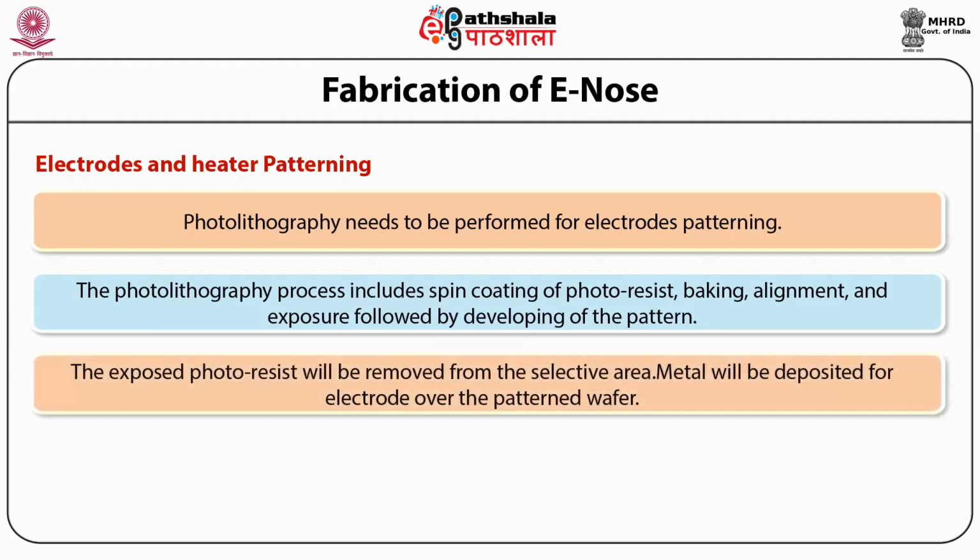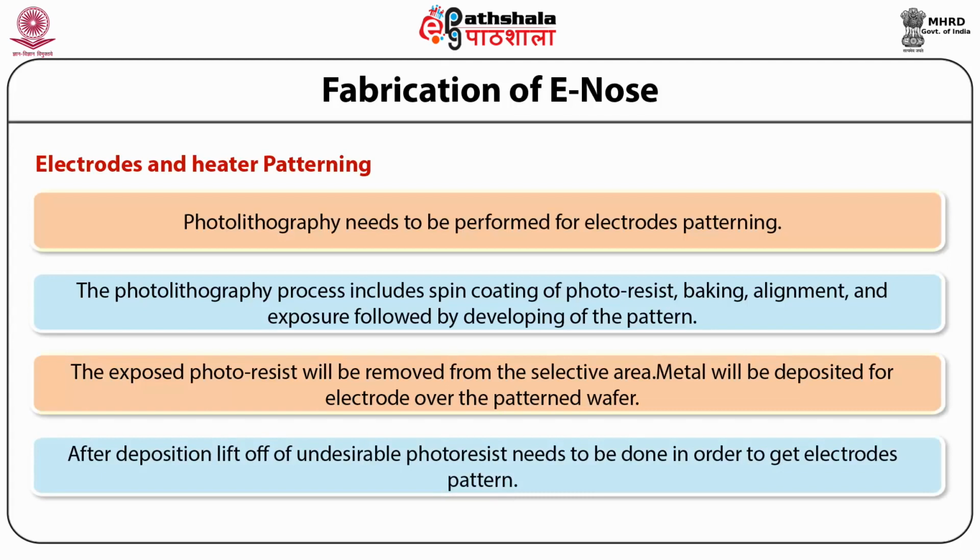The exposed photoresist will be removed from the selective area. Here the metal will be deposited for the electrode over the patterned wafer. After deposition, lift-off of the undesirable photoresist needs to be done in order to get the electrode pattern.